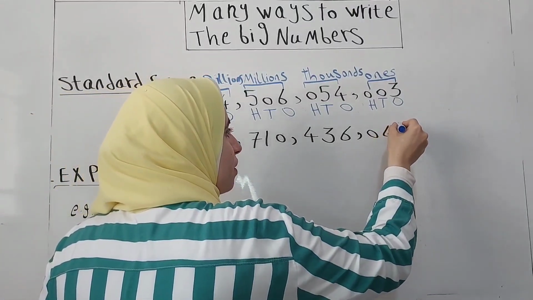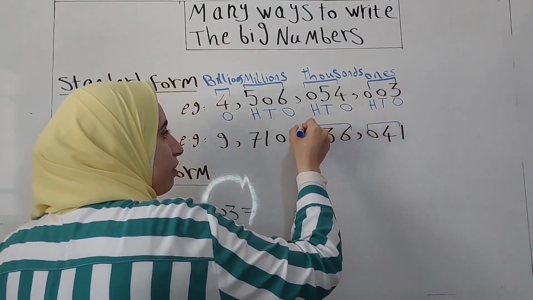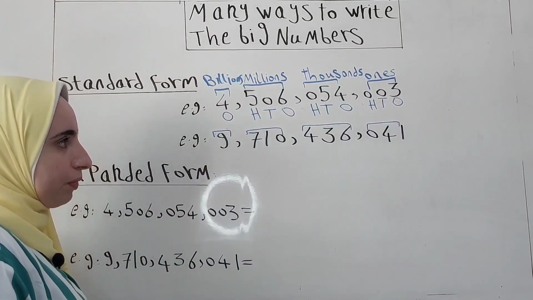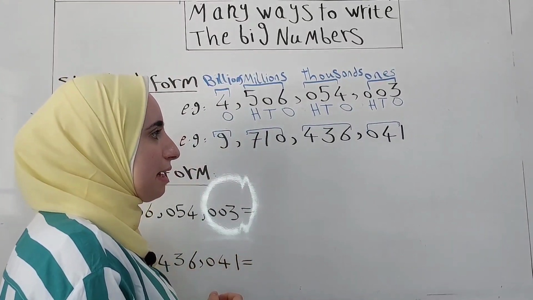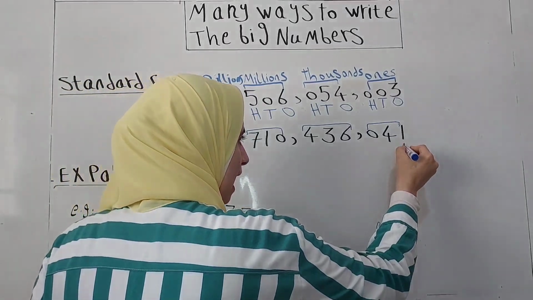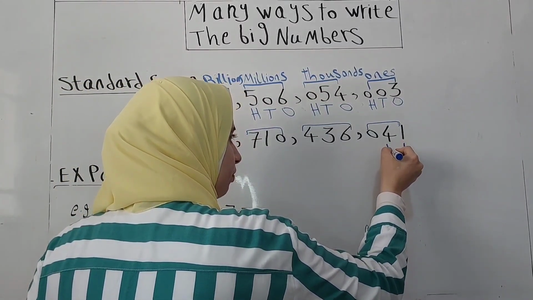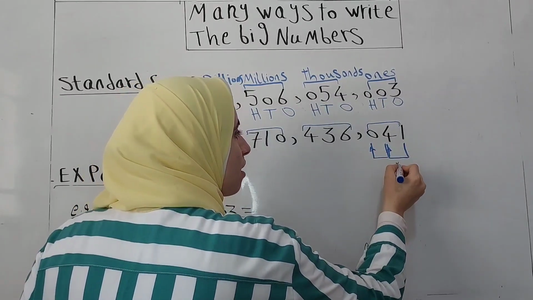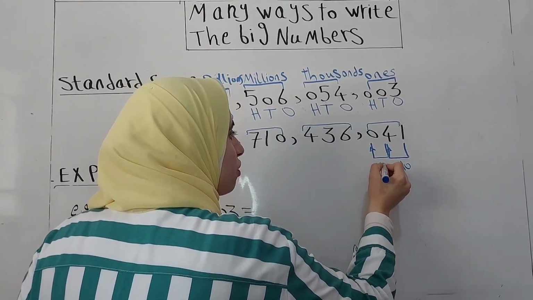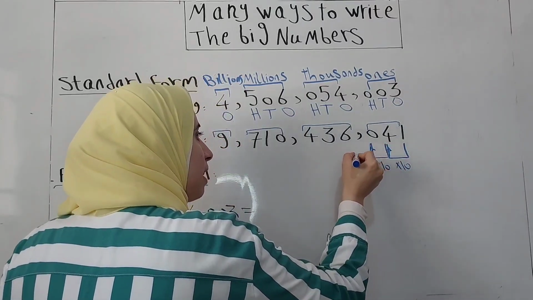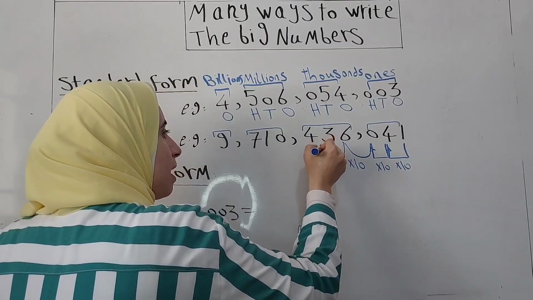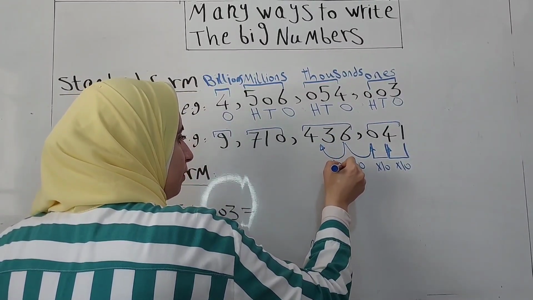This is the first family, this is the second family, this is the third family, and this is the fourth family. Each family has 3 places, and as we go from one place to the next higher place, the digit increases in value by multiples of 10.